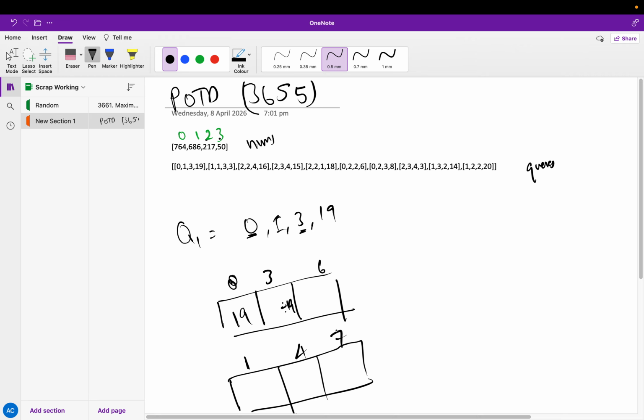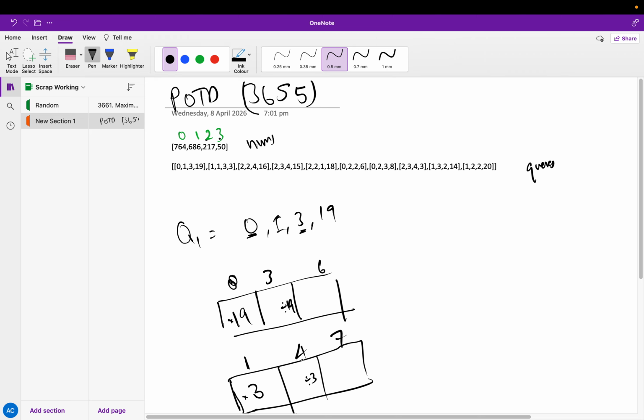So the 1 has to multiply by 3, and then the 4 should divide by 3. So you're multiplying by 19, multiplying by 3, and dividing by 3 by the time we get to index 4.